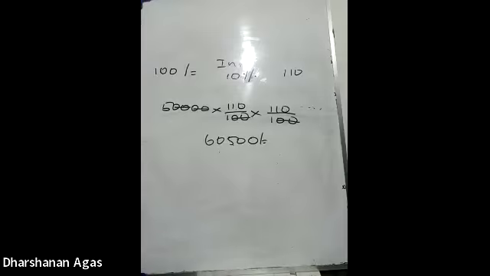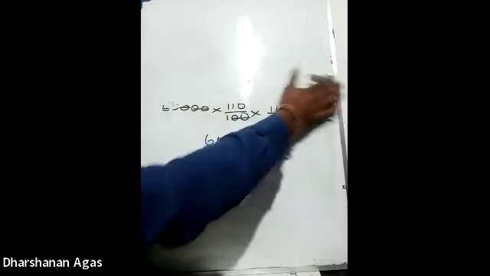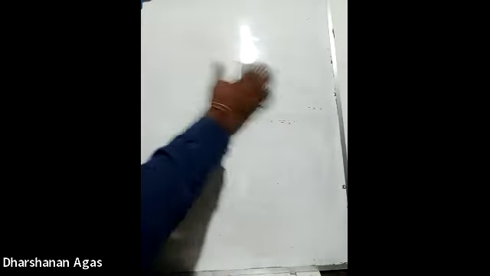Okay? Want to read the question again? Yes, sir. A person deposits rupees 100,000 in his bank account. The bank gives a 12% annual interest rate for the first year and 15% for the second year.